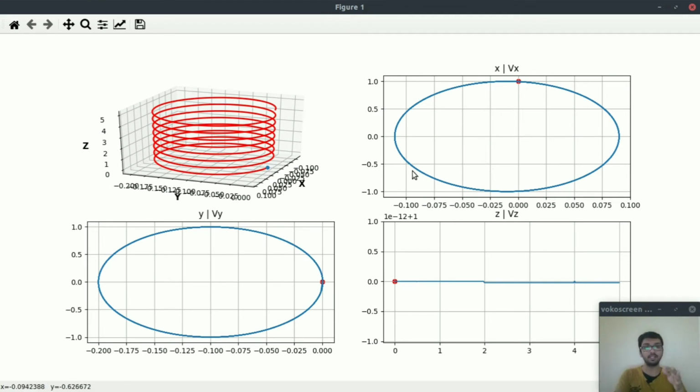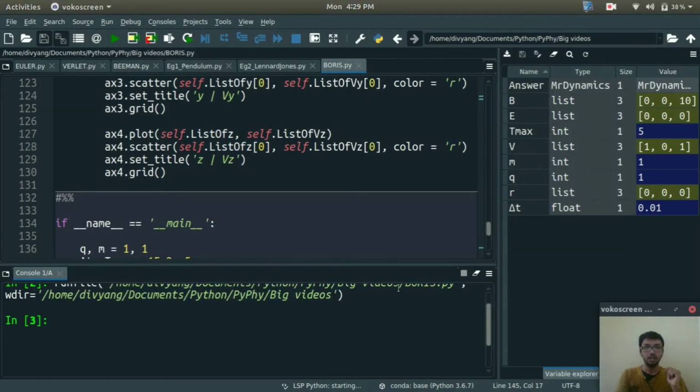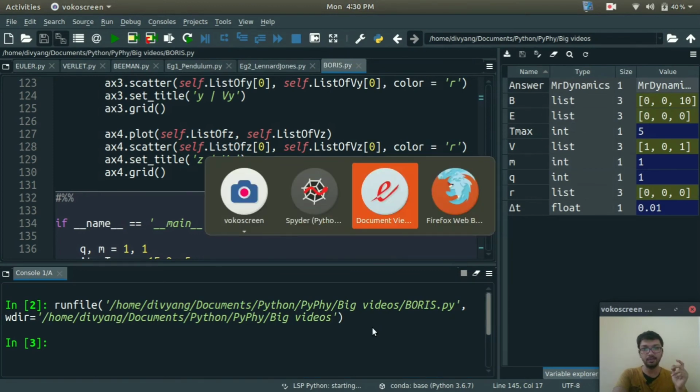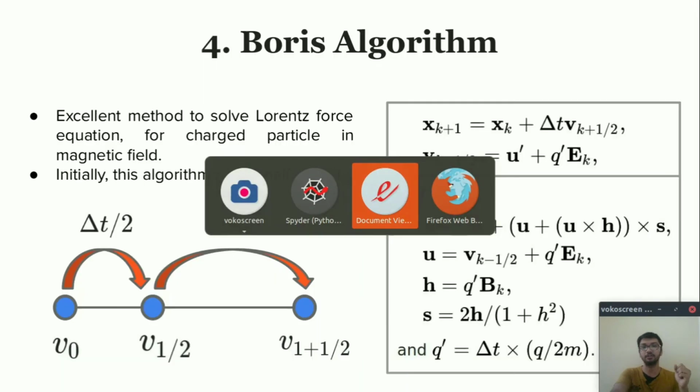Phase plot means position coordinate on the horizontal axis and velocity coordinate on the vertical axis. So this is for the x component, this is for the y component, and this is for the z component. So this completes the Boris algorithm. Let's jump to the presentation now.